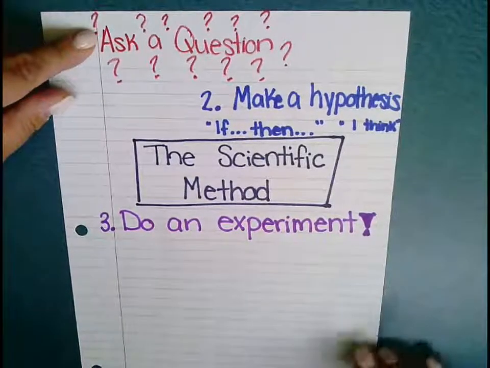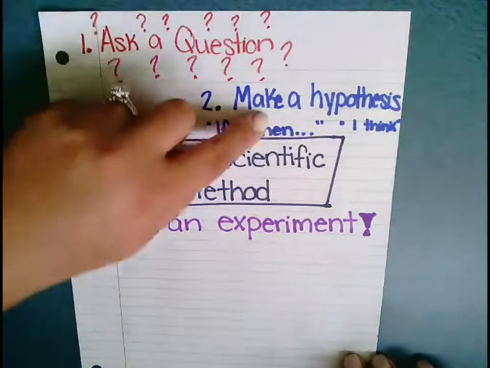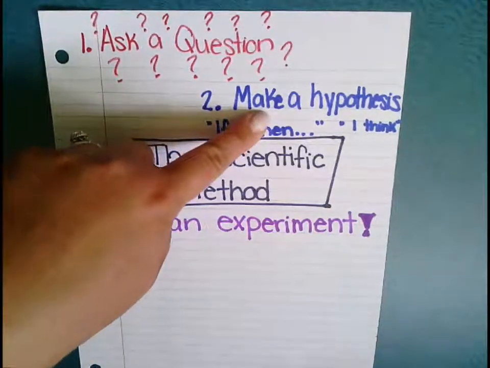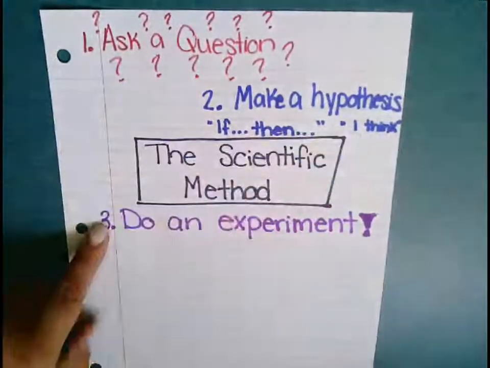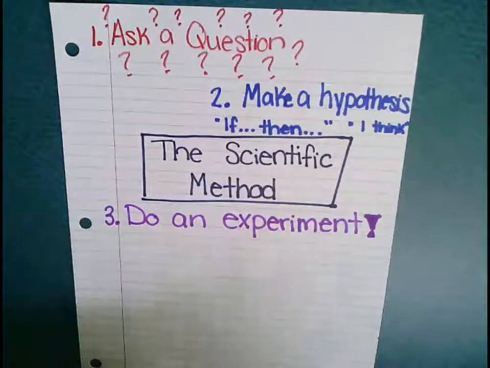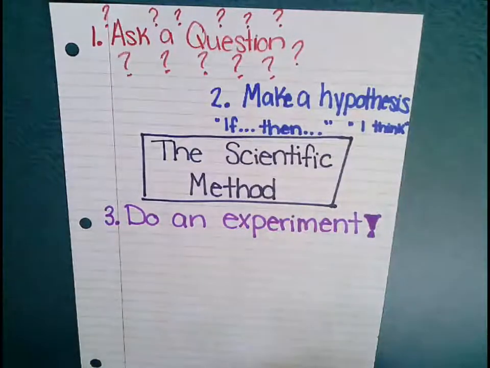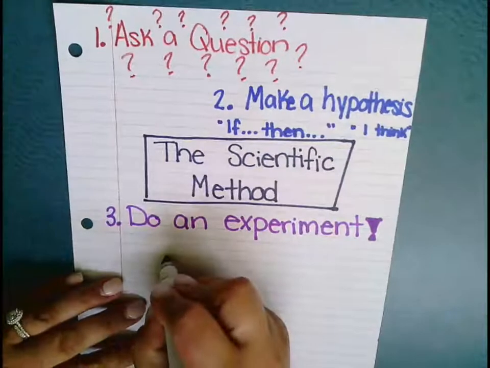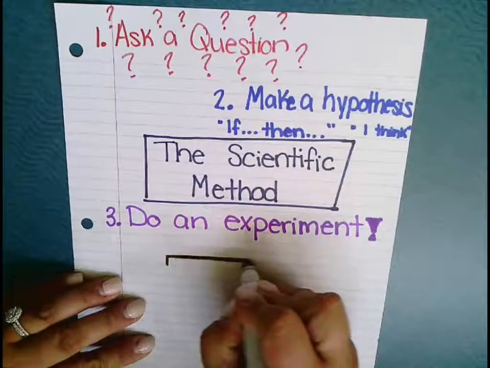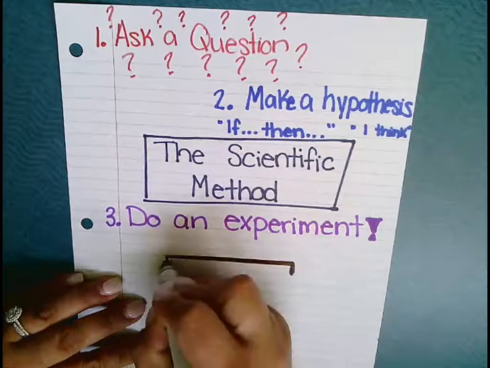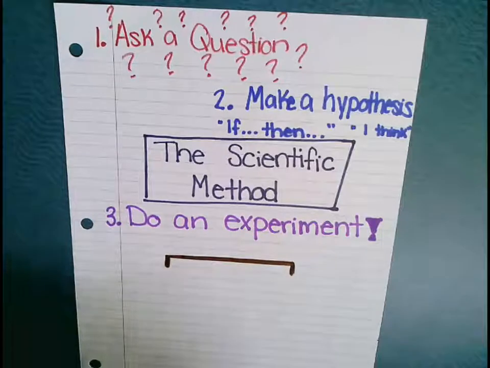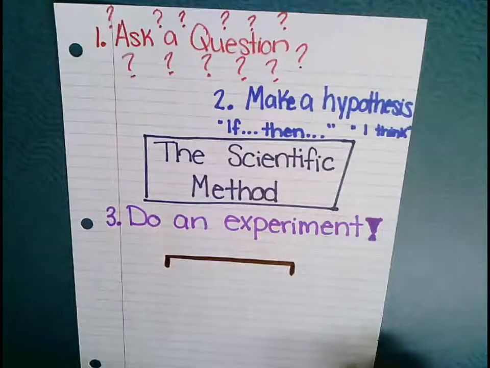So first, after I ask a question, and then I kind of make a guess as to what I think is going to happen, which is called a hypothesis, the next thing I do is an experiment. So what I'm going to do right here is I'm going to draw like a little table to help me know what this step is. I'm going to draw a little table, and I'm going to draw some beakers.